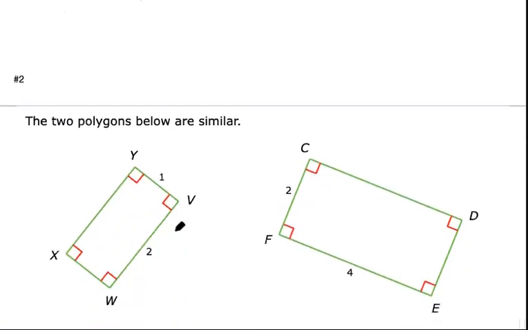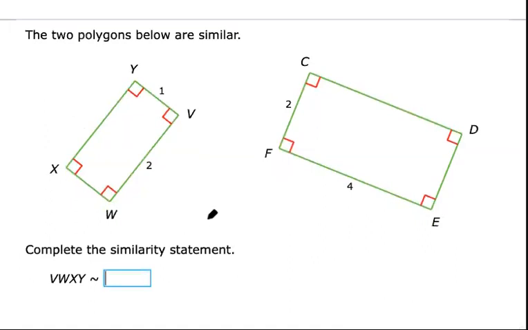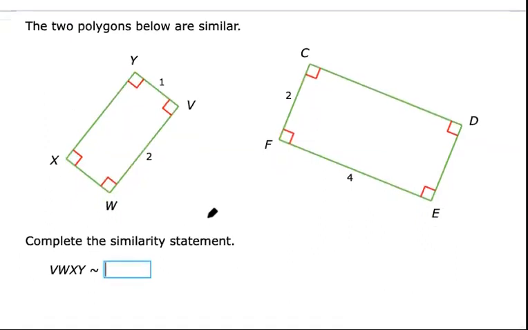All right, let's take a look at the next one. Are these two polygons similar? Complete the similarity statement. So just find which sides are the same. And this one is going to be EF, CD. So the VW right there is 2.